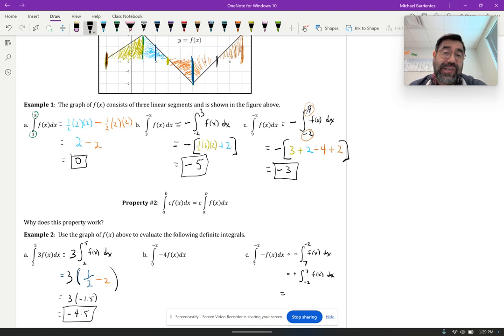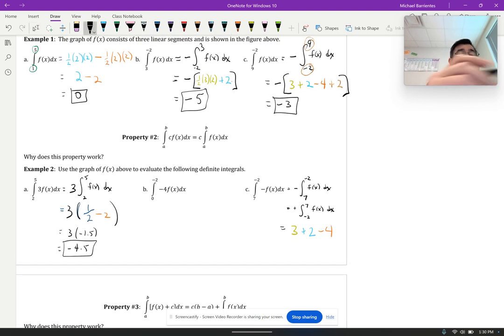I don't have to worry about changing the sign. So this first triangle, I believe, was 3. The blue triangle was 2. And then the orange part was minus 4. And I think that's where it ends. So if I can put all of these together, I have my answer. And my answer is 1.